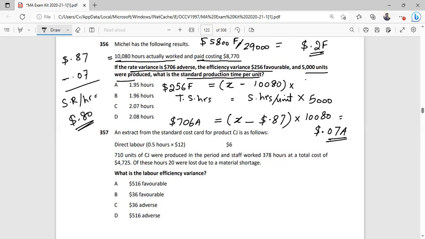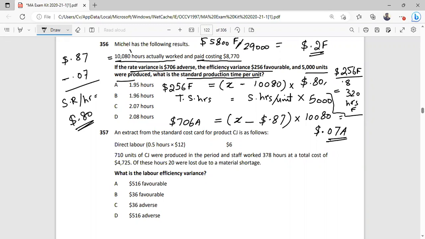Now we can use this rate, 0.80, which we determined with the help of the labor rate formula. We can divide 256 favorable by 0.8. 256 favorable divided by 0.8 means 320 hours favorable. It means we are actually consuming 320 fewer hours as compared to standard or budgeted.